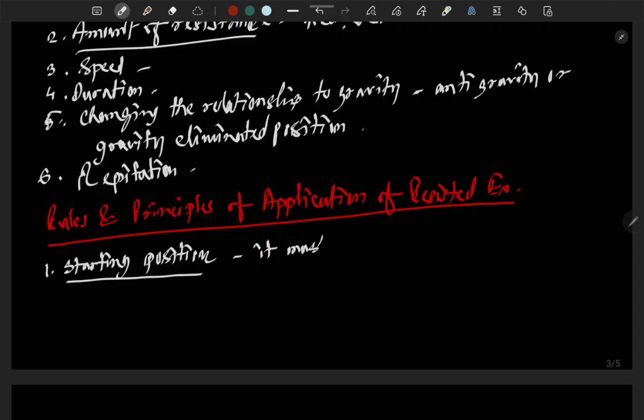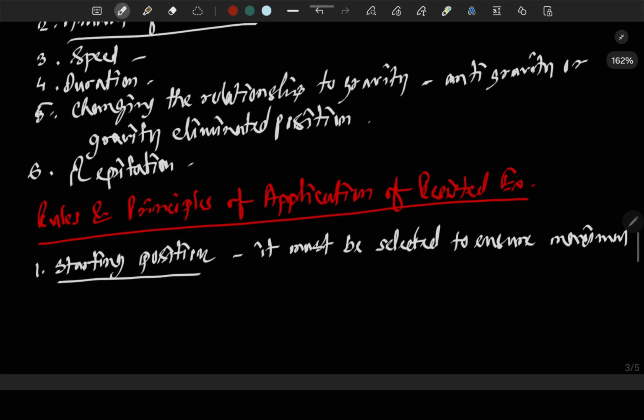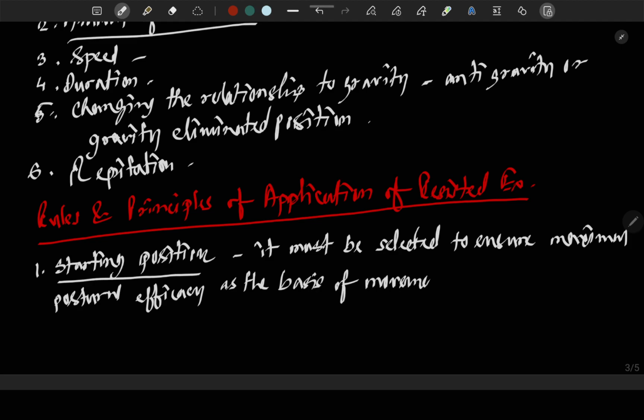It must be selected to ensure maximal postural efficacy as the basis of movement.